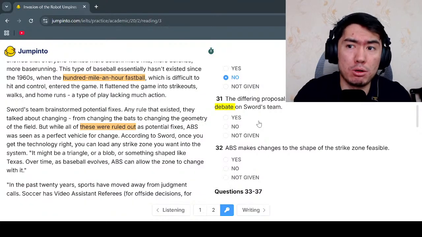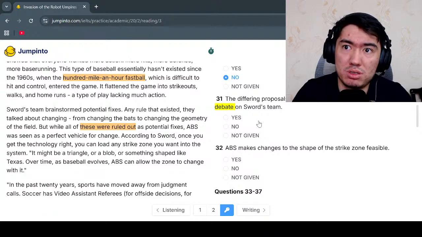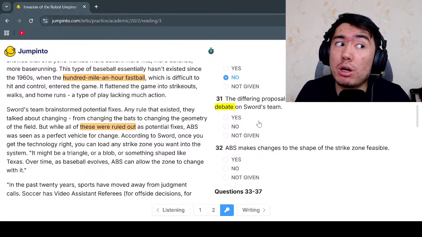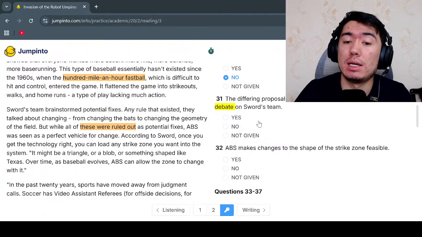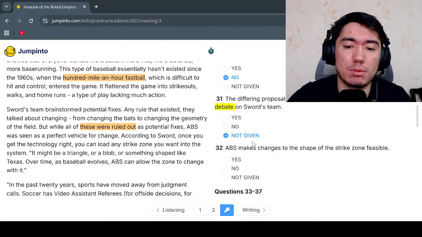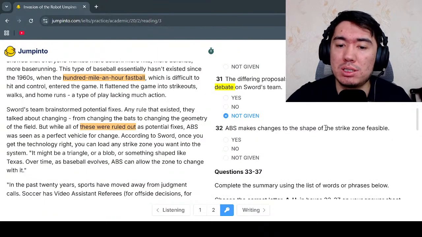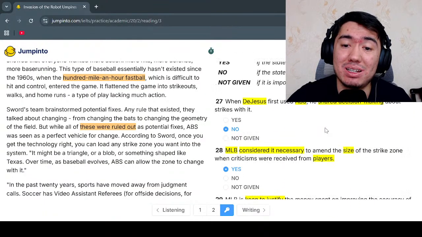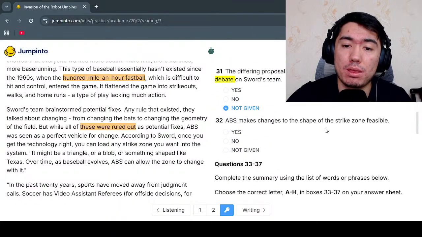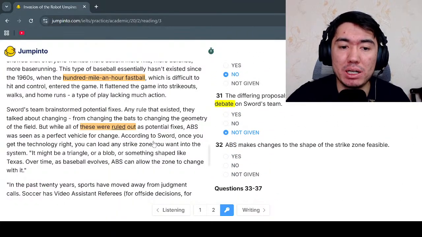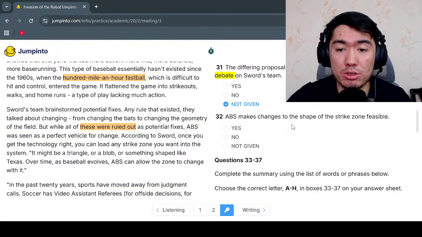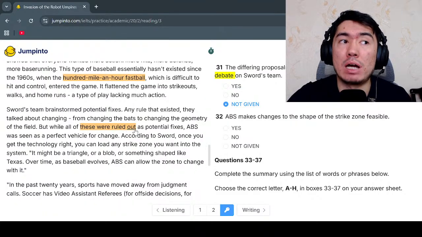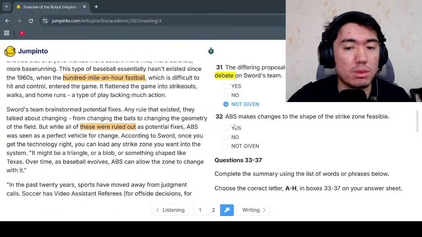So they were ruled out, but was the decision unanimous or was it a split decision? And we don't know that. And that's my reasoning for choosing not given. Again, a fierce debate. I just don't see that. So we have the decision, but we don't know how they arrived at this decision.